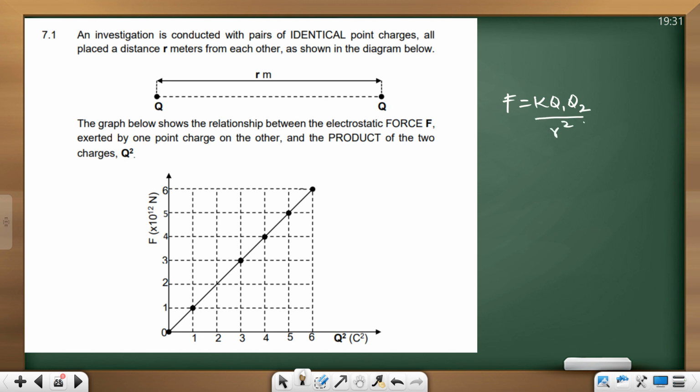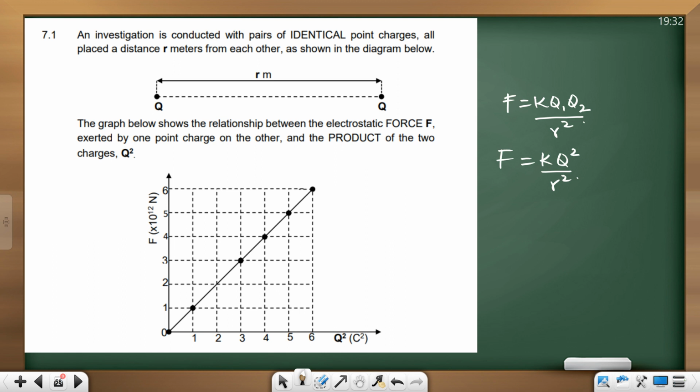Let's write it as y equals mx plus c. What's on the Y? F. What's on the X? Q. The graph shows the relationship between force and the product of two charges. The charges are identical. So it means that F equals kQ squared over r squared.